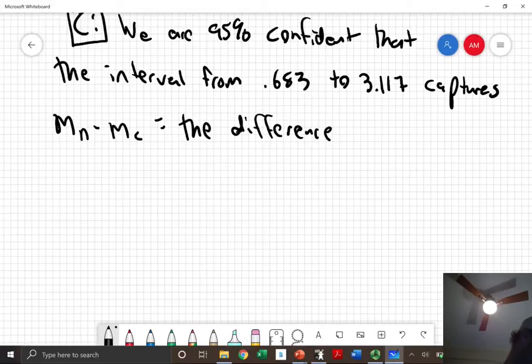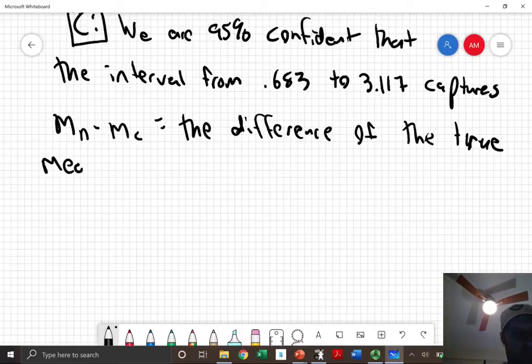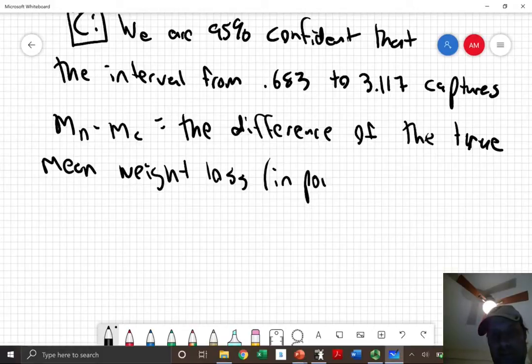Of the true mean weight loss in pounds for the patients on the new diet and the patients on the current diet.